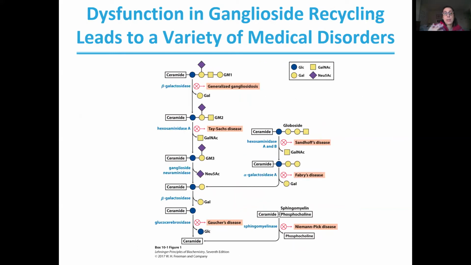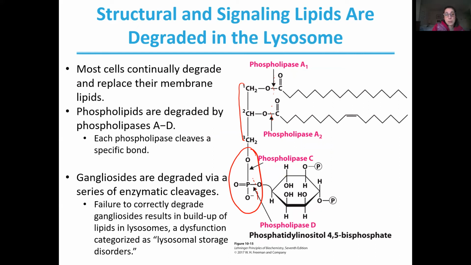Now, if you have dysfunction in this area in your types of phospholipases and in the removal of sugars in particular on your lipids. So, for example, this particular structure is a glycerophospholipid that has a sugar head group, or a ganglioside.